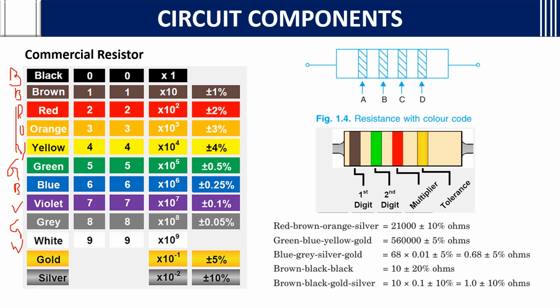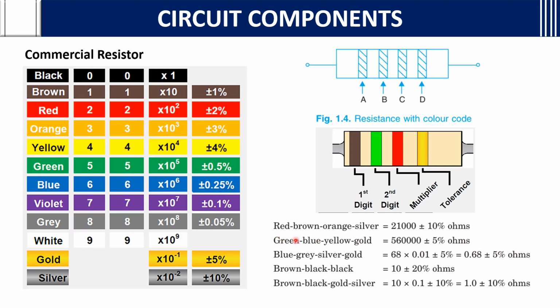And for gold and silver, you need to remember them separately. You can remember it this way, and after writing this, you write 0, 1, 2, 3, 4 till 9, and the multipliers 10 power 1, 10 power 2, up to 10 power 9, then the tolerances plus or minus 1%, 2%, 3%, 4%, and these percentages you need to remember: 0.5, 0.25, 0.1, 0.05. This is the easy way to remember.